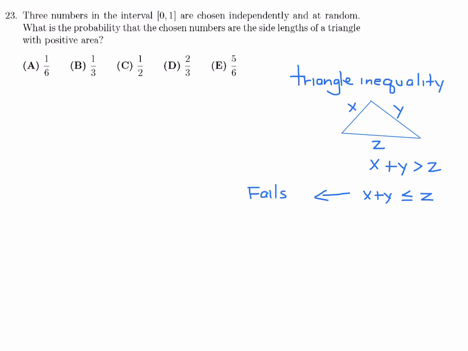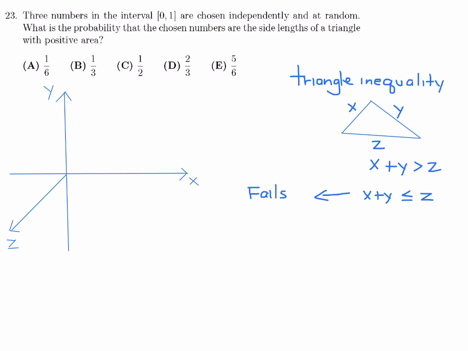So let's first put this whole thing on a coordinate plane, x, y, and z. So we have a 3D coordinate plane like that. And this is, of course, x, and this is y, and here we have z. And our boundaries are 0 to 1.